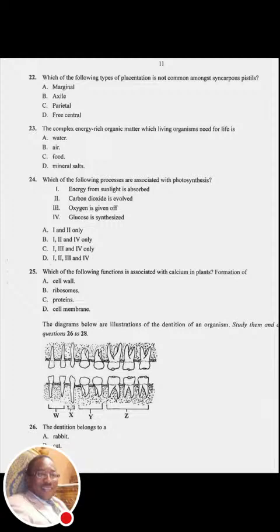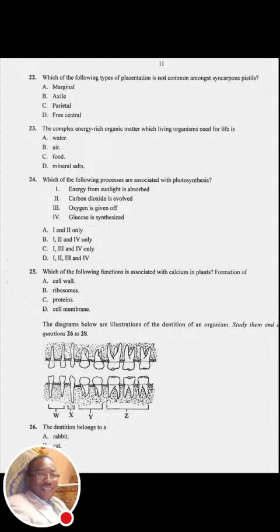Then number 24: which of the following processes are associated with photosynthesis? You have to understand the meaning of photosynthesis: the process where green plants make their food using water and carbon dioxide in the presence of sunlight and chlorophyll, and oxygen is given off as a byproduct.